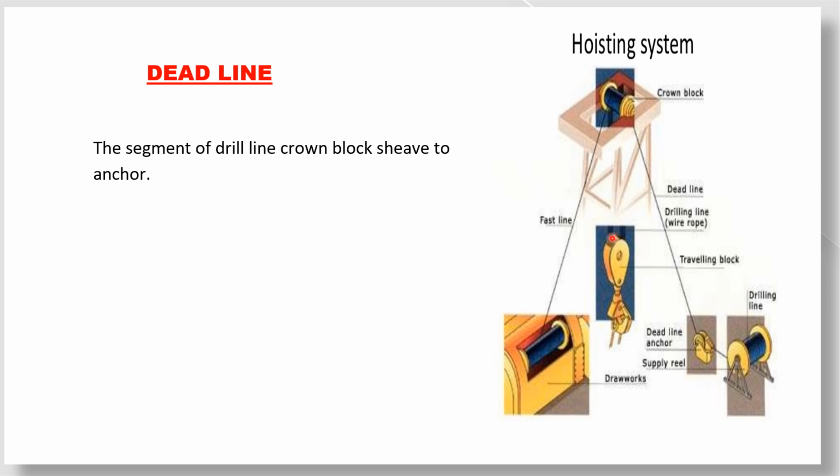So the drill line segment from the crown block to this anchor, this is the anchor, and this anchor is called the deadline anchor. So the part of the drill line from the crown block to the deadline anchor is called the deadline.